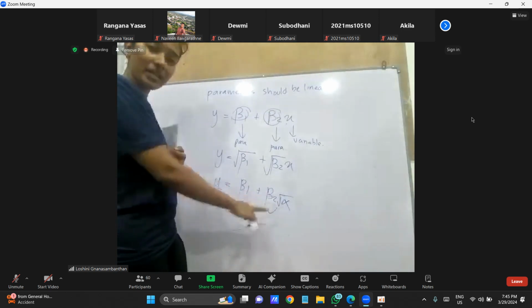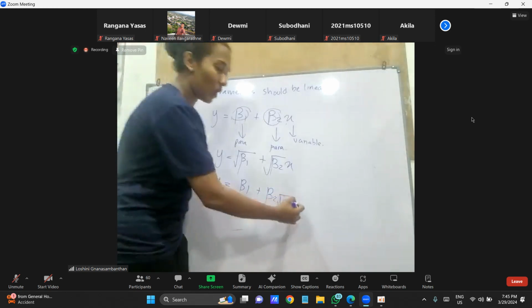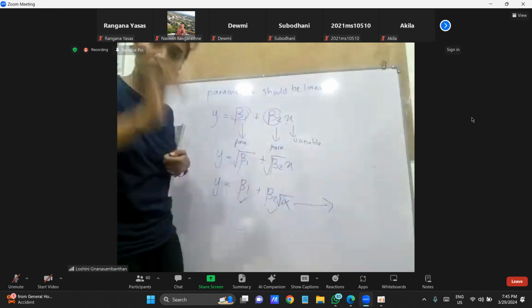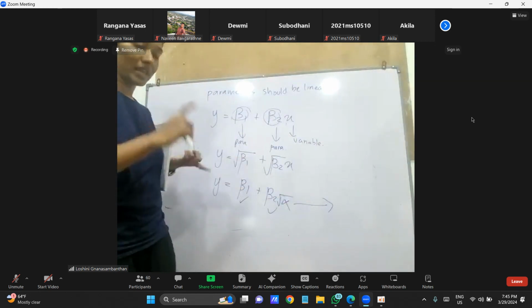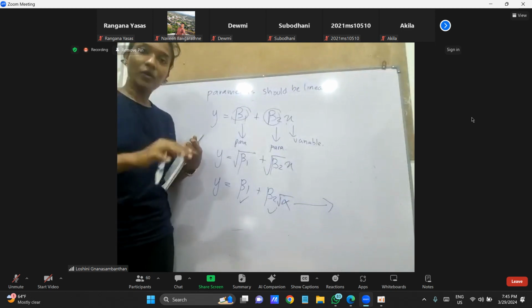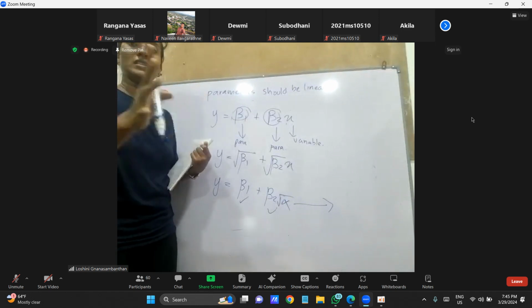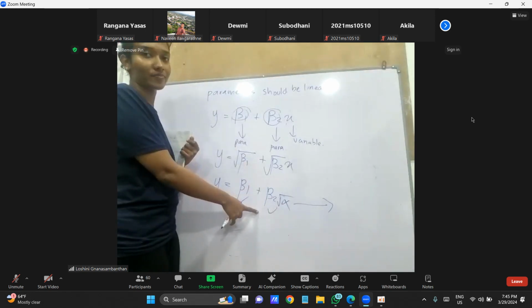But the parameters are linear, but the variable is non-linear. So our graph will also not be linear. If one of these, parameters or variables, is non-linear, of course our graph is going to be non-linear.